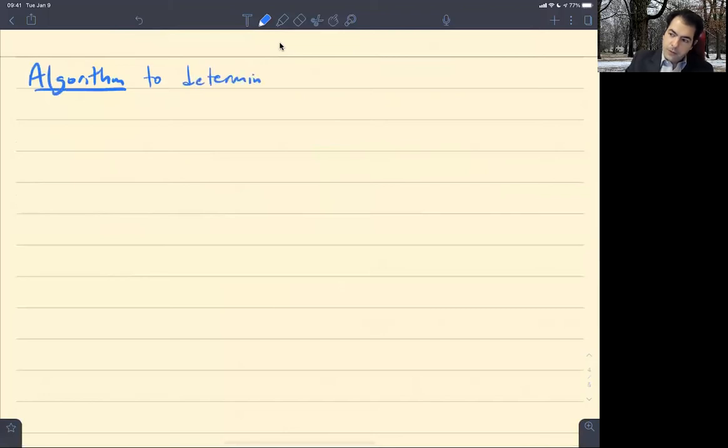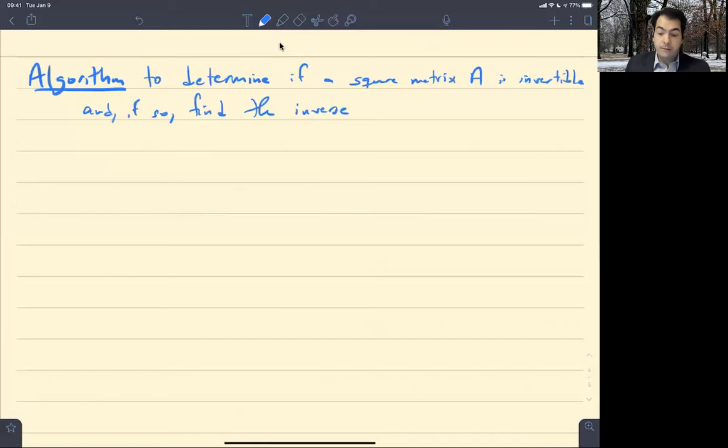This will determine if a square matrix A is invertible, and if so, find the inverse. So it's a very useful algorithm. Okay, so here's what you do.